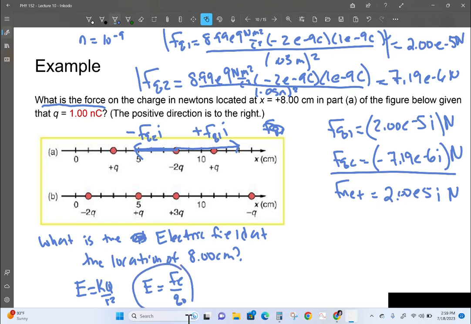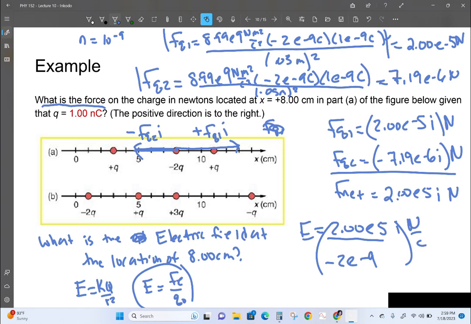Turns out this one's the easiest one to use because you know what the net force is and you know what q is. So E, and I'm going to go ahead and leave my negative in here, is 2.00 e to the 5 in the i direction divided by negative 2 e to the negative 9 coulombs. So this is going to give me newtons per coulomb.